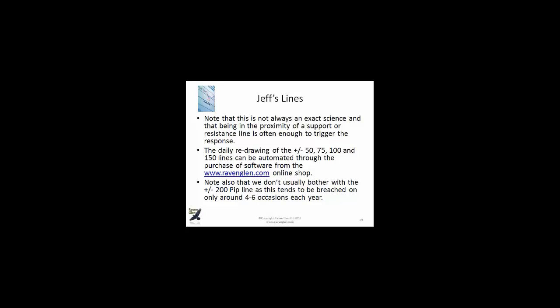Redrawing daily the plus and minus 50, 75, 100 and 150 lines can be automated through the purchase of software from the Raven Glen website's online shop. Note also that we don't usually bother to draw in the plus and minus 200 pip line because of the low number of uses that it gets during the course of a year, but it is something that I keep at the back of my mind.